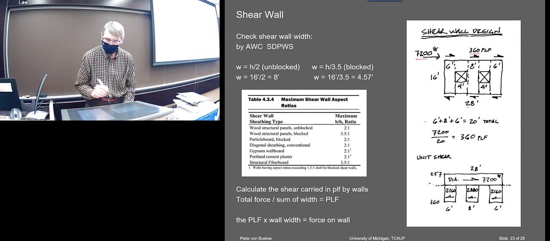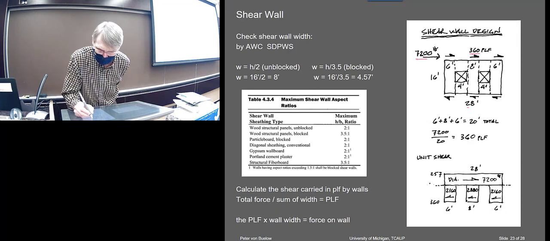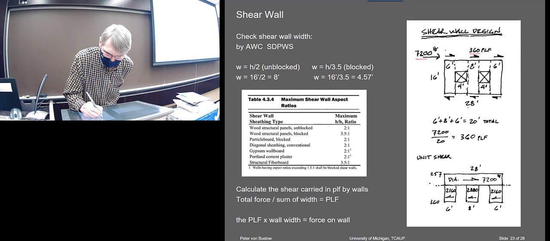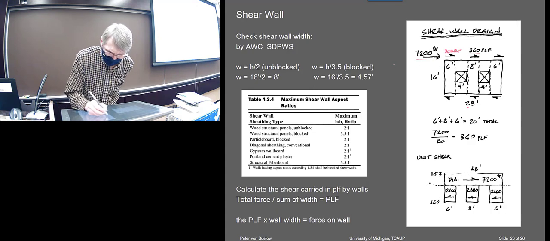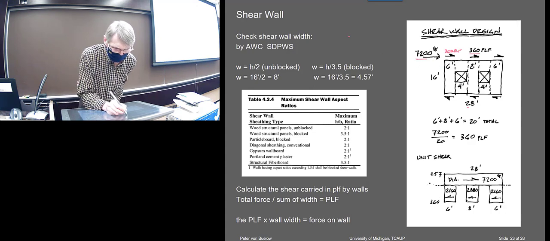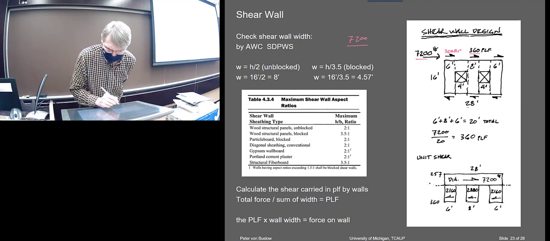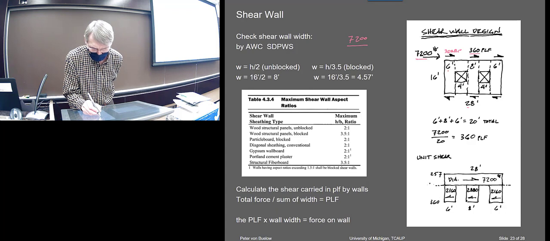That's actually, it's funny the way I wrote it there. That's on each of these, PLF. So where that's coming from is, let's see if this is right, divided by the total width of the shear wall.